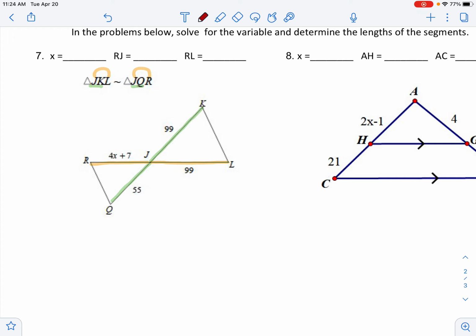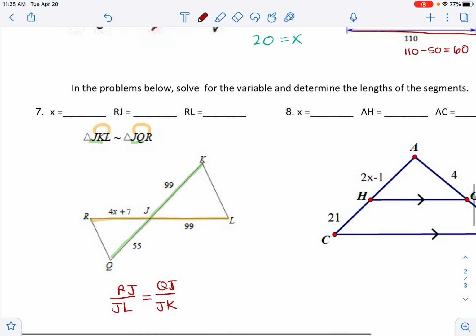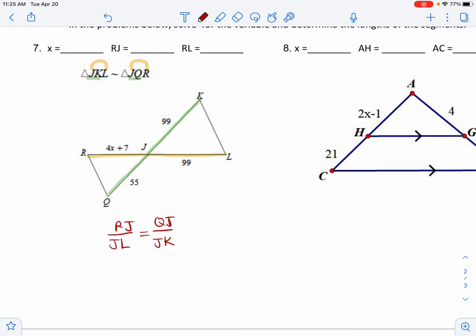And so I'm going to do RJ over JL should equal QJ over JK. Oops. And I'm just going to plug in what I know. So I know that RJ is the expression 4x plus 7. JL is 99.